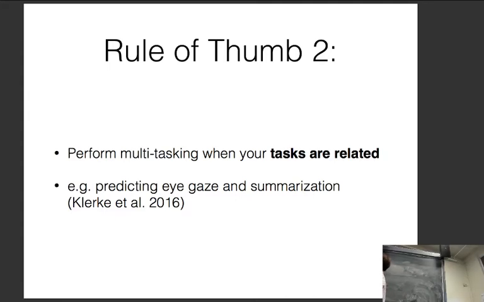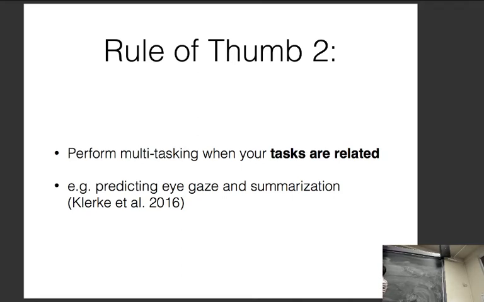So one very interesting example of this, a very cute example that might not be very practical, is there was a method for predicting eye gaze and also doing summarization at the same time. The idea is, as people read text, they tend to focus on the more important content.